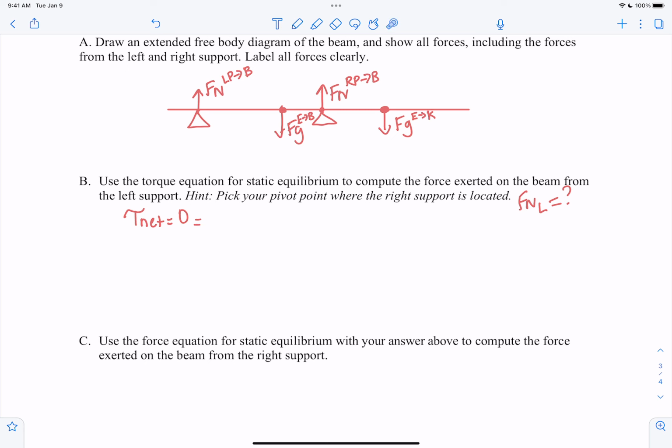We have torques due to gravity here pointed in the clockwise direction. Those are negative. And then torques due to normal force here, those are in the counterclockwise direction. Those are positive. So FNL plus FNR, right? These are left and right supports, minus FG of the beam minus FG of the boy, right?